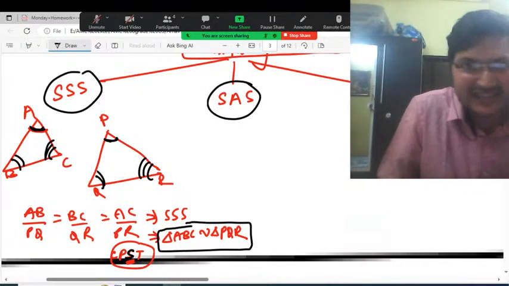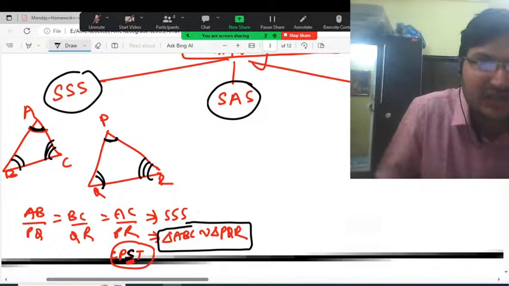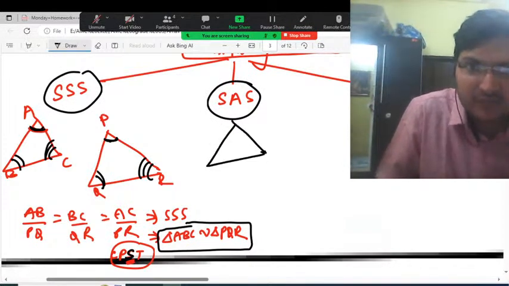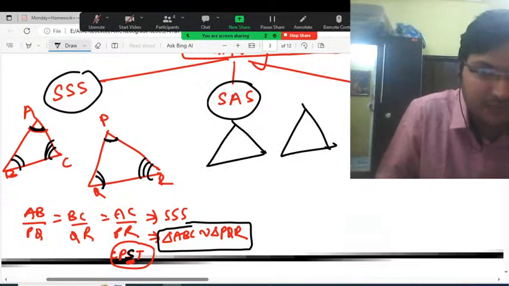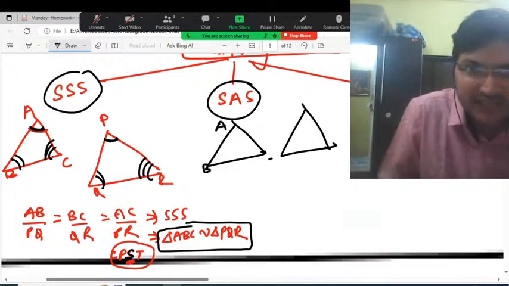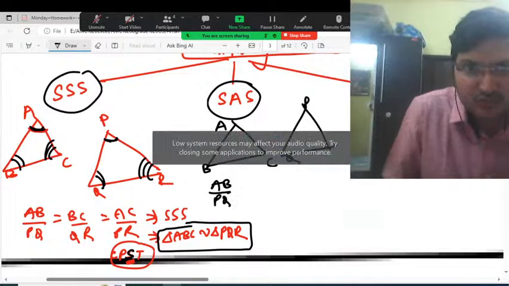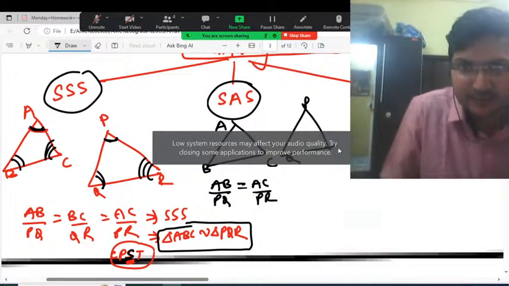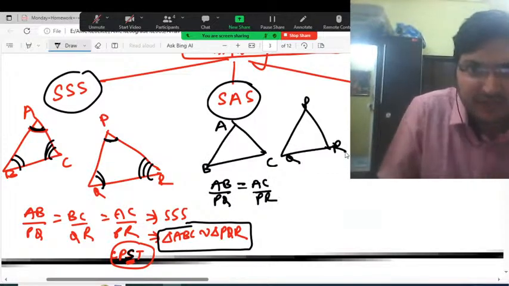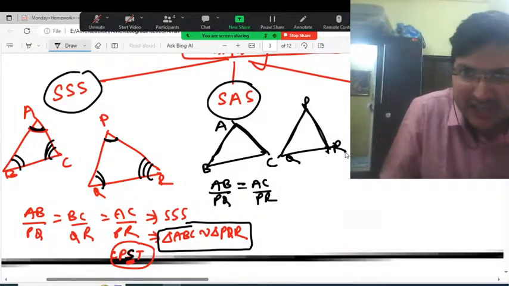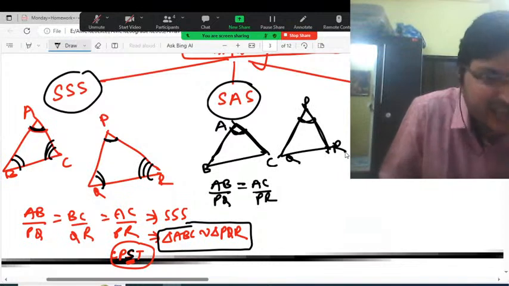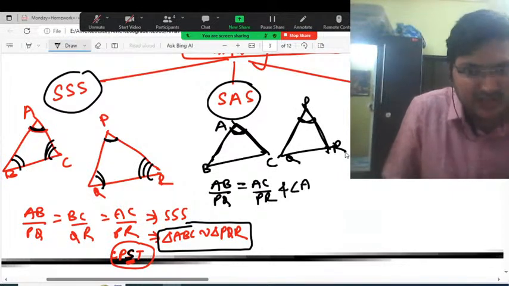Now what happens in SAS? Now you need to work with only 2 sides. Like if I'm going to show that AB over PQ is equal to AC over PR, and this corresponding angle A and angle P are equal, you can prove that they are similar by SAS.